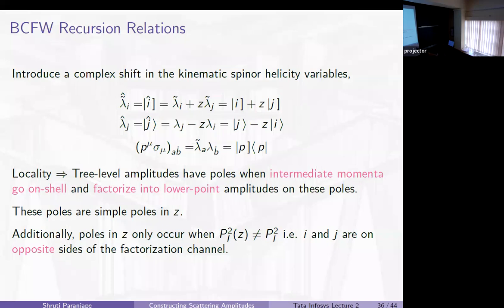If you don't choose it to be like this, you won't satisfy momentum conservation. So this satisfies on-shellness. Shifted by plus Z, J. No, because it's not exactly P_J, right? It's something, but it's fixed.